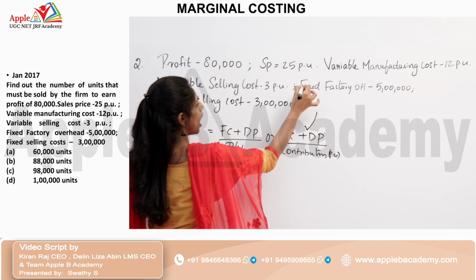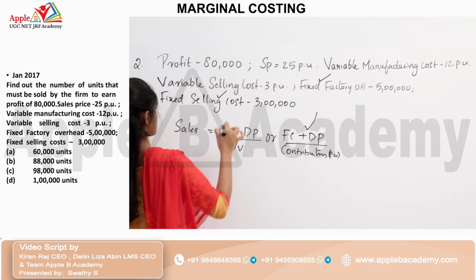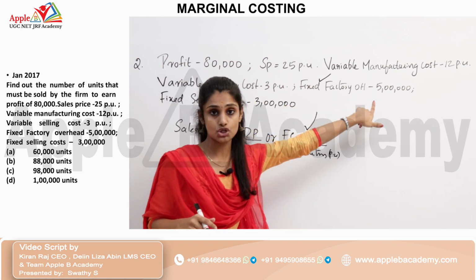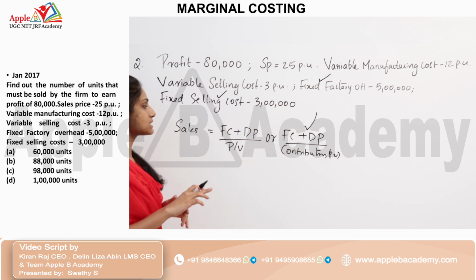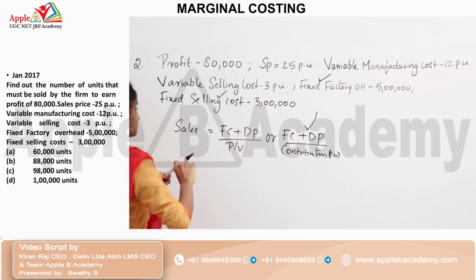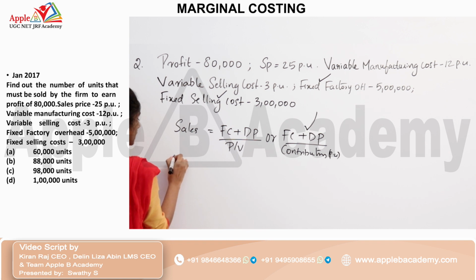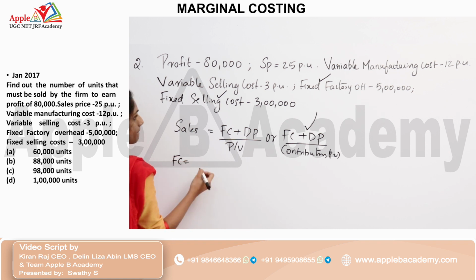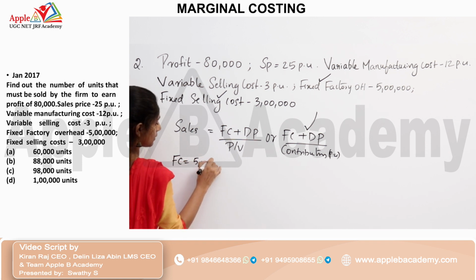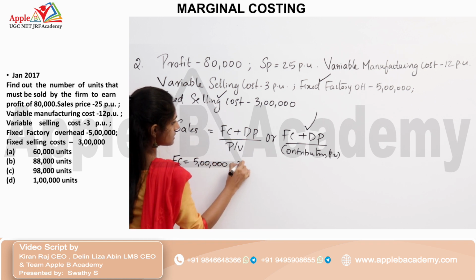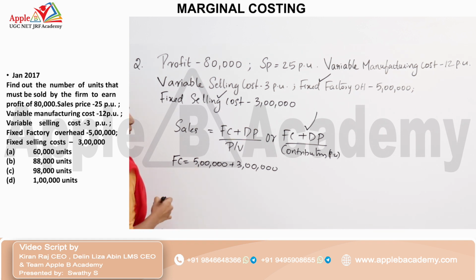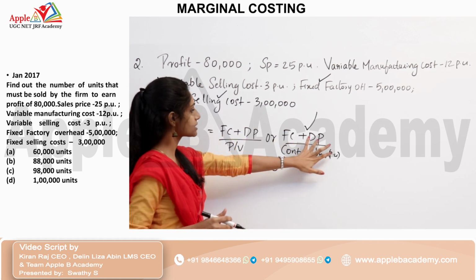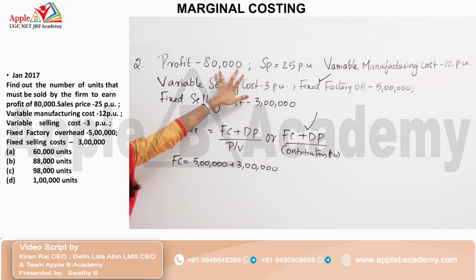Both of these are fixed expenses, so you have to add both of them: fixed cost will be 5 lakh plus 3 lakh. And desired profit is already given, which is 80,000.